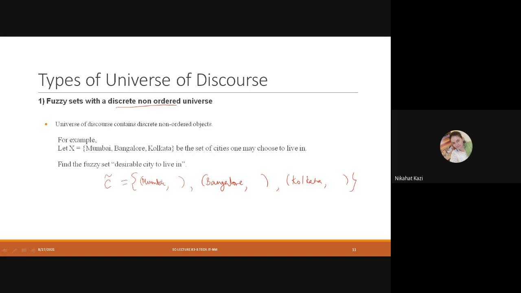It is all perception. One person might say Mumbai is the best, Bangalore is okay, and Kolkata is fair enough, and I just give it a degree like this. Desirable city to live in could mean different things for different people. So always understand that when you model a fuzzy set, the way you model it could be very subjective.